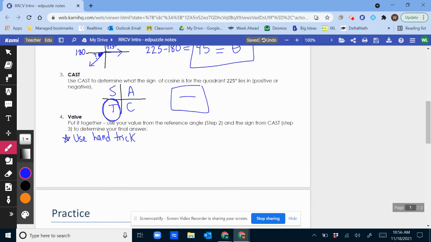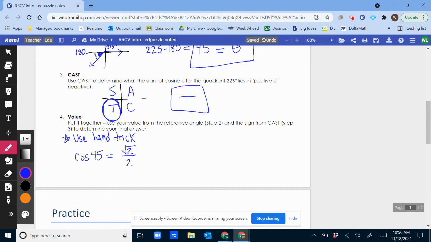Since the reference angle is 45, I want to know what is the cosine of 45. Using my hand trick, for 45, I pull back the middle finger. I count 2 fingers above that middle finger. We know it's always something over 2 for 30, 45, or 60. Since I counted 2 fingers above 45, it would be square root of 2 over 2.